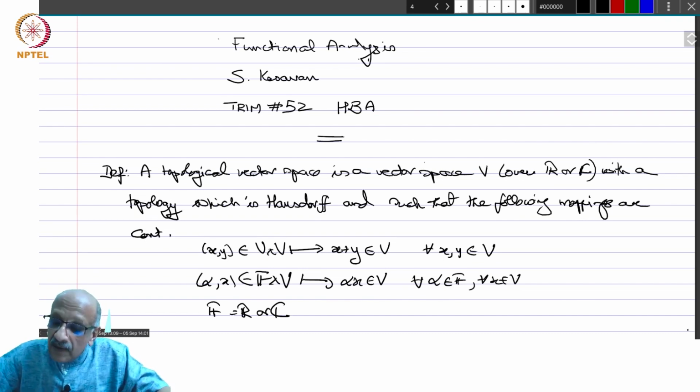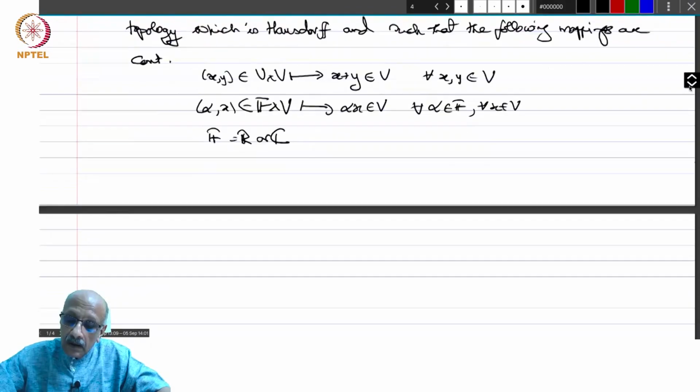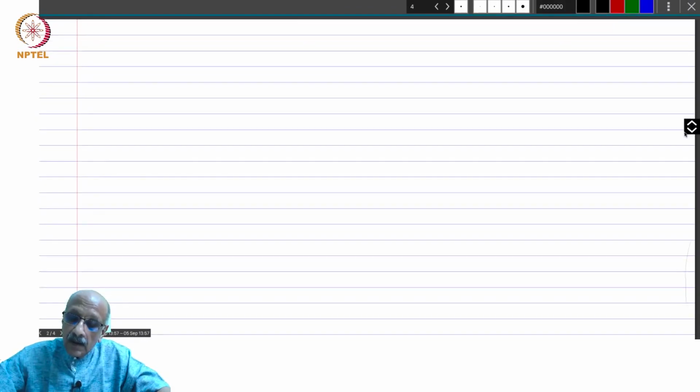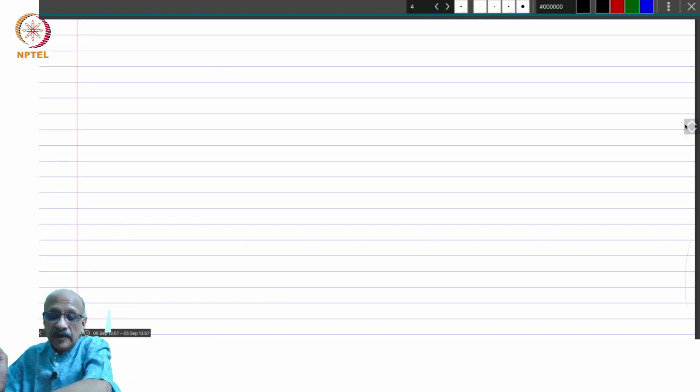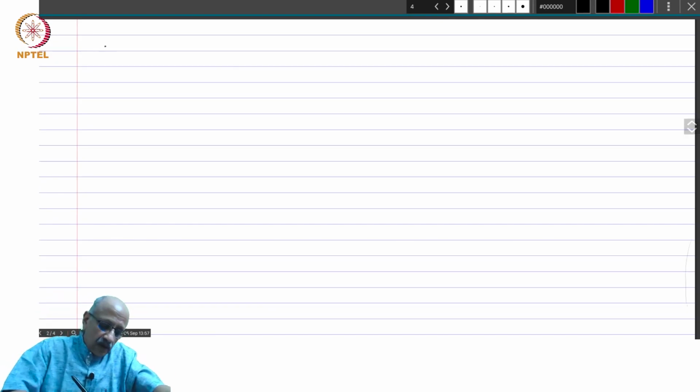So the standard example of a topological vector space is what we call a normed linear space.